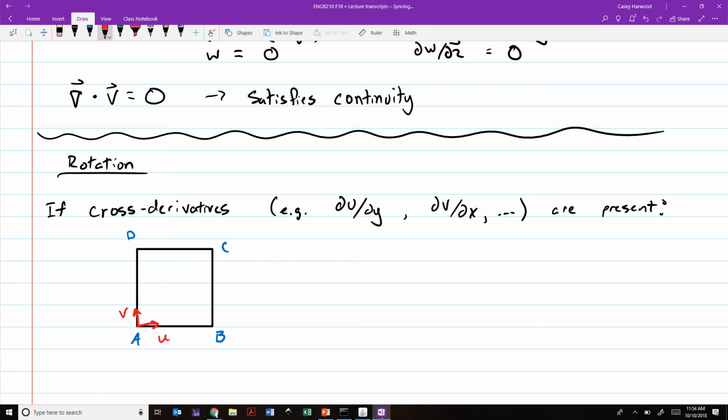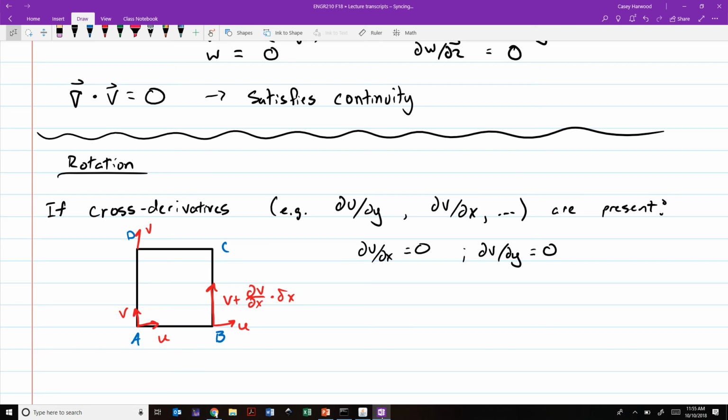Now let's assume that du/dx is equal to 0 and dv/dy is equal to 0. Then the resulting velocities over here are going to be u and v plus dv/dx times delta x.